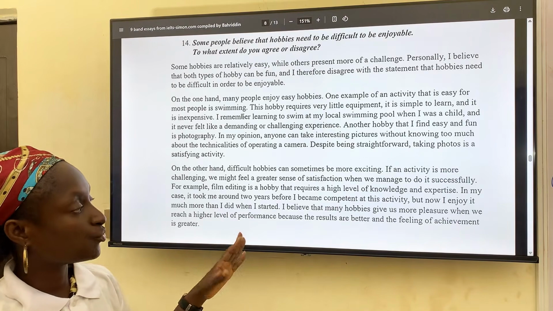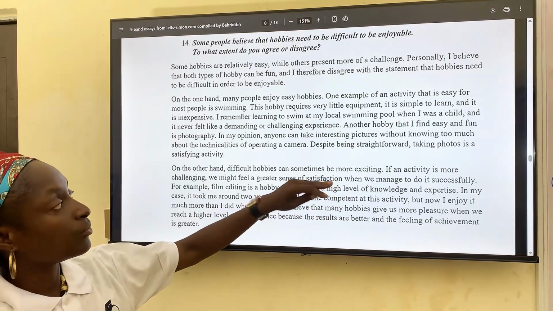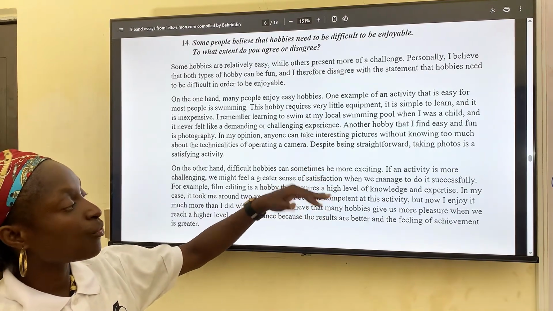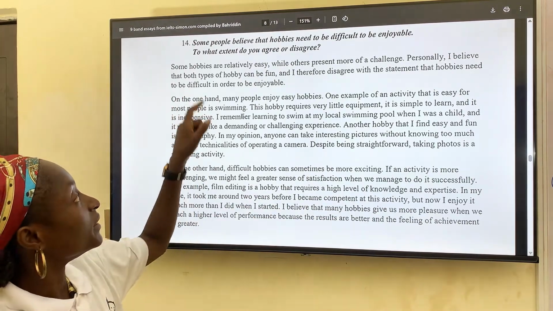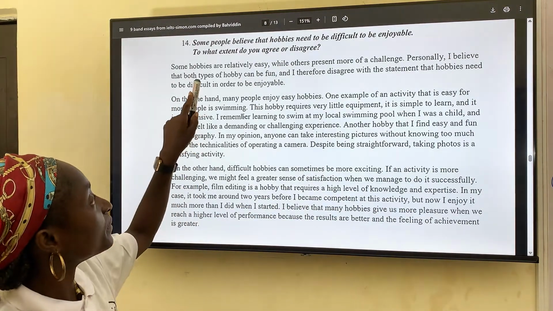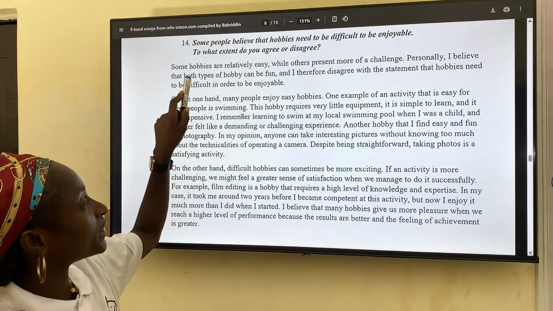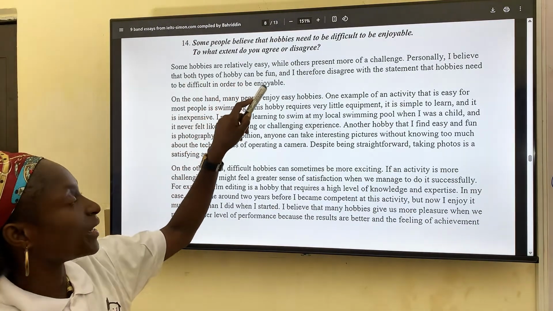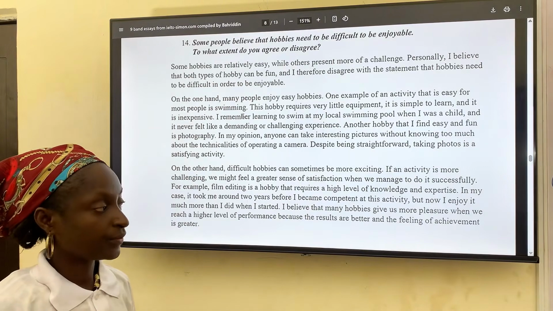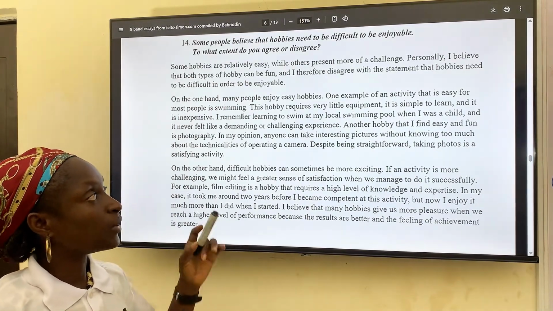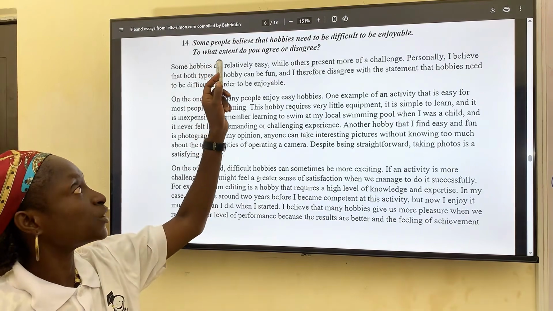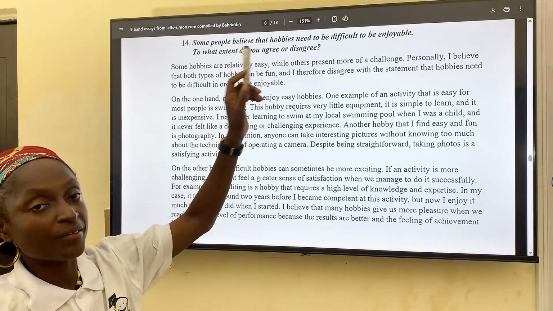But in this situation, the writer has decided to write about difficult activities simply because the writer is actually in between, because he said, I believe both types of hobby can be fun. So we can do that sometimes, but we can only do that when the question says, to what extent do you agree or disagree?